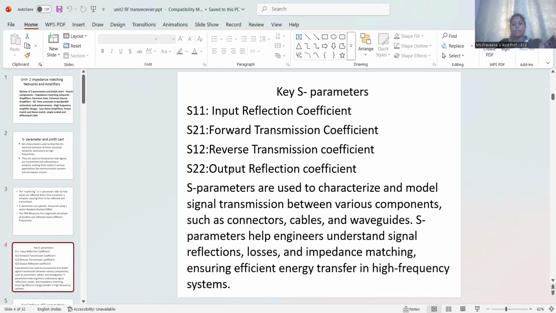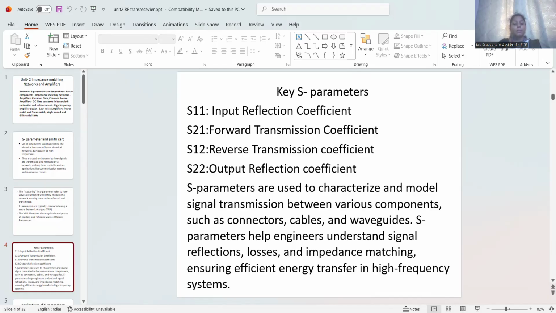If the impedance is perfectly matched, it means the entire signal will be transmitted to the load. If it is not perfectly matched, part of the signal will be reflected back to the source itself. That's an impedance mismatch. It is also used to analyze the gain and attenuation, and to find out the overall network efficiency.